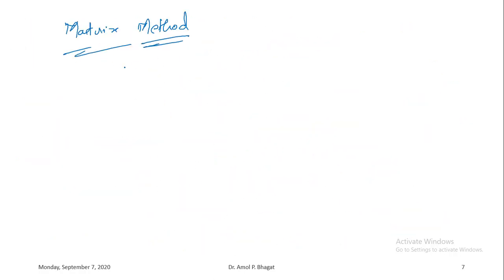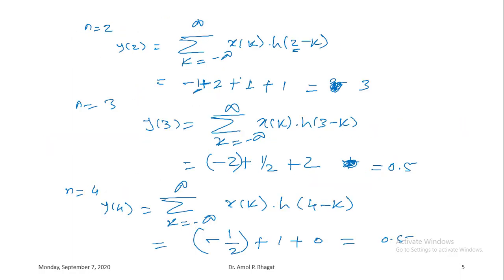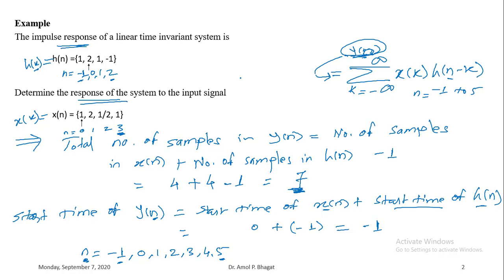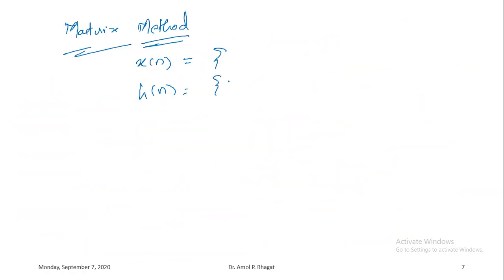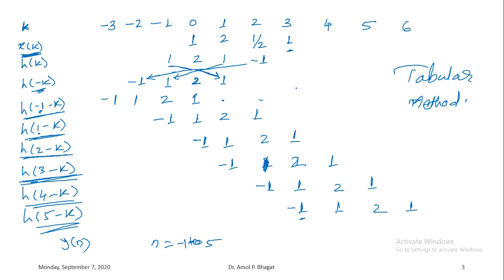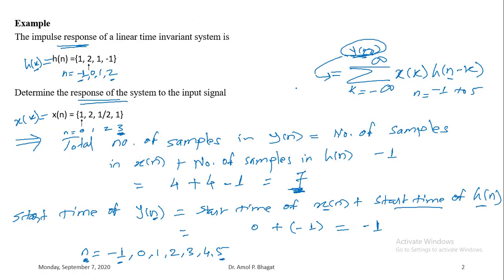Okay, so as per matrix method, this matrix method is simply used for the verification of result. Okay, so you have been provided with the x of n and h of n in the given example, h of n is 1, 2, 1, minus 1, and x of n is 1, 2, 1 by 2, 1.